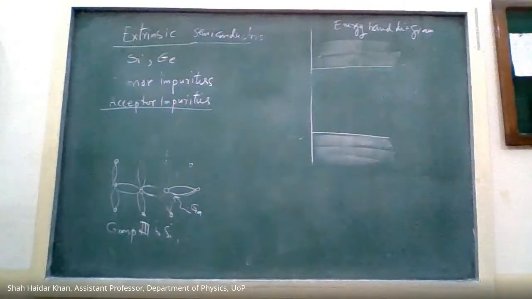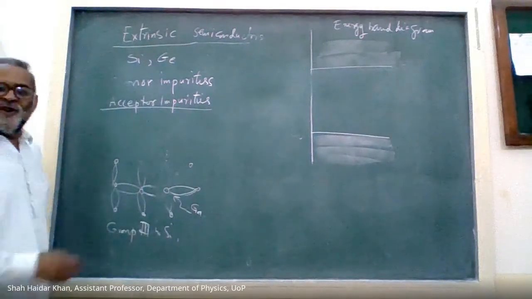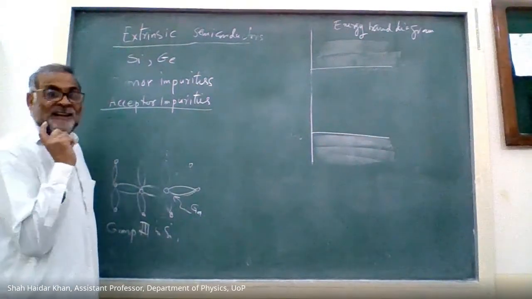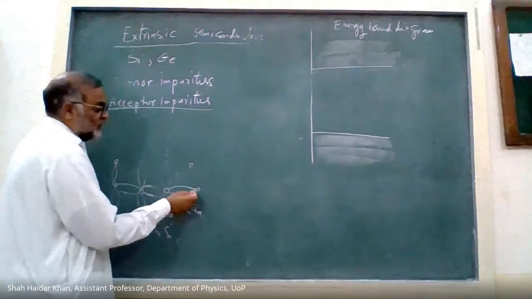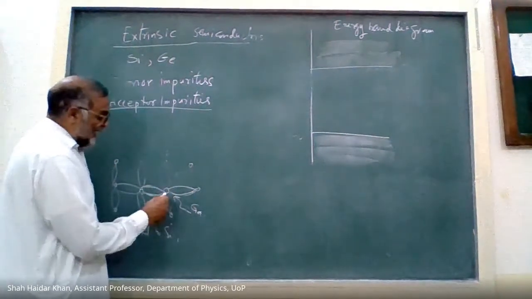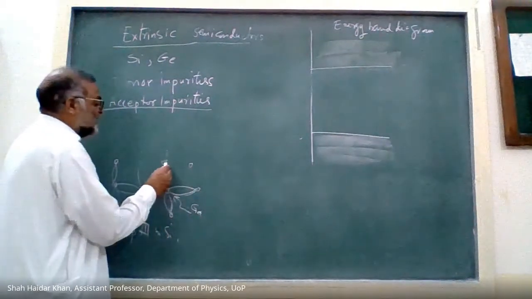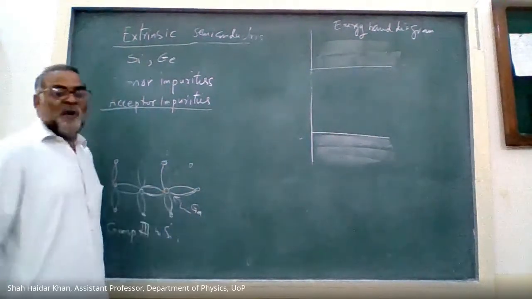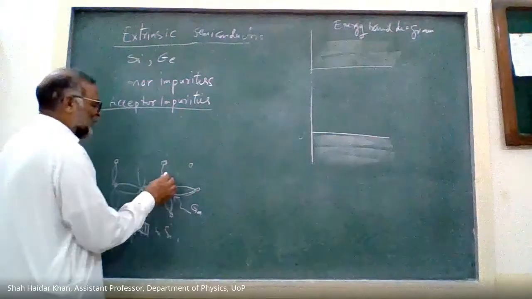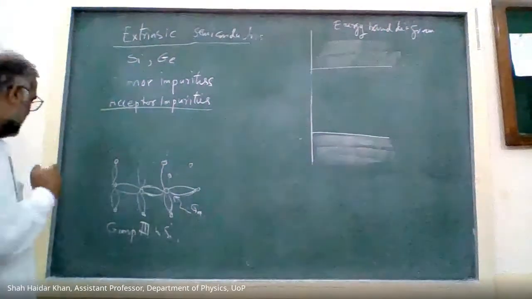So it is completing a covalent bond with this neighbor and with this neighbor. But with this silicon neighbor, the bond is incomplete. There is a hole. There is only one bond here, right?